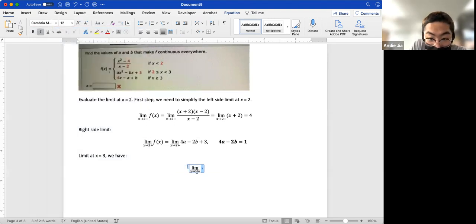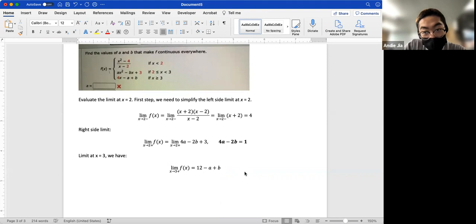So we need to do the right side limit. It'll be 12 minus a plus b.